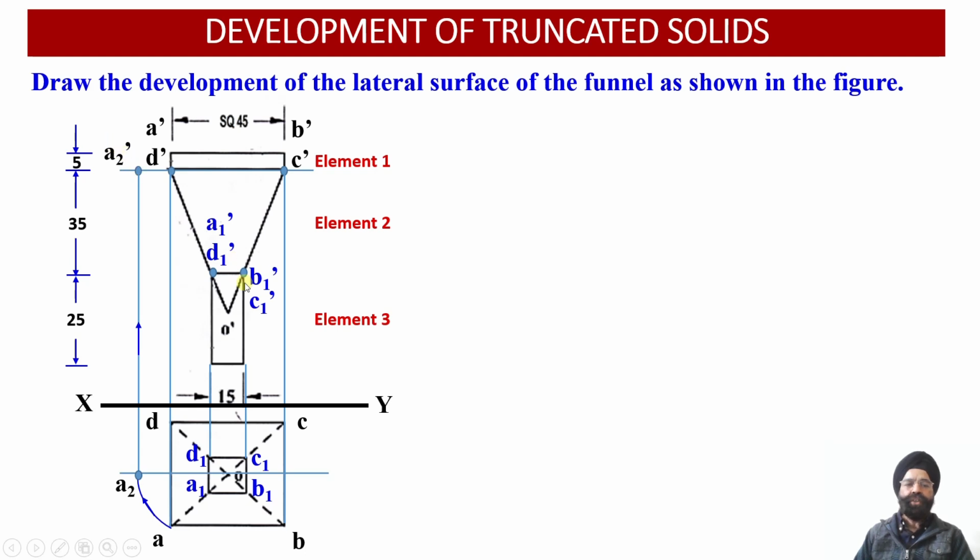If we join O dash with A2 dash, we have obtained the true length corresponding to the slant edge of this square pyramid.